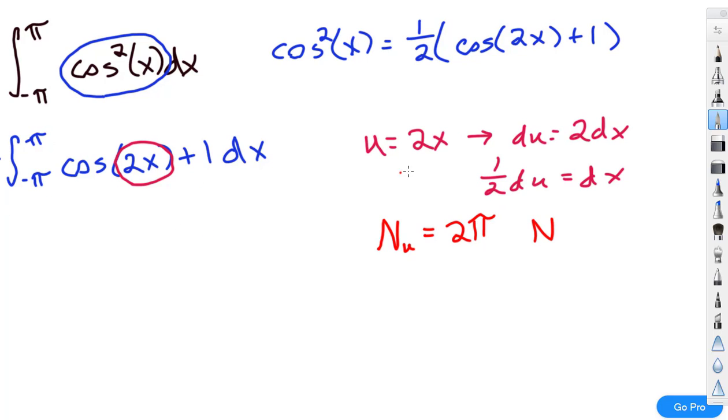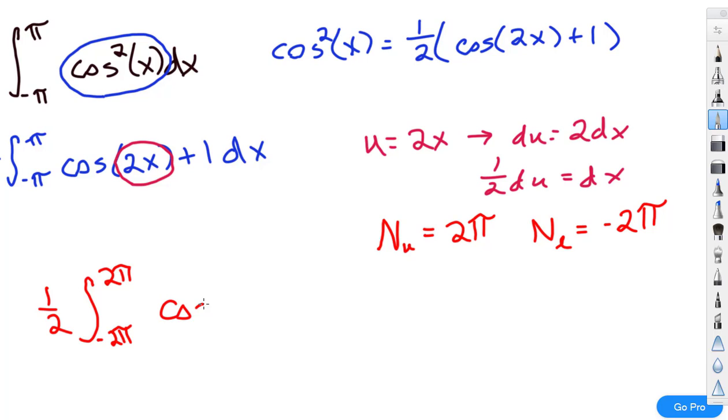And if I take negative pi and plug it in for x here, then for my new lower bound I'm going to get negative 2 pi. Which, granted, is not as nice as the last one, but it'll do.